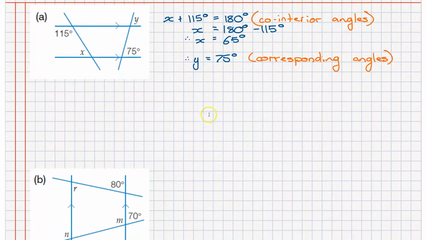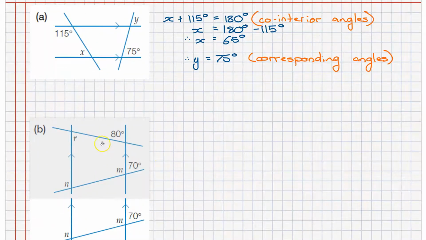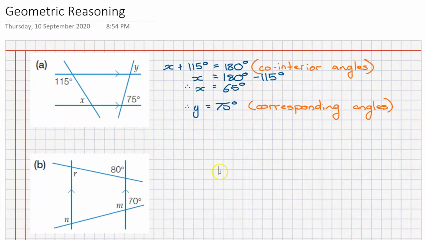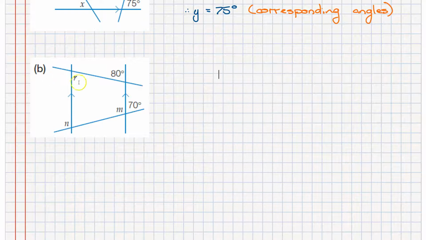Alright, let's go down to B. I should say, let's bring B up. We've got this diagram over here. We've got m, we've got n, and we've got r. Now we ask ourselves which is going to be the easiest of these to deduce. Simply by looking at this, I would assert that m is probably the easiest to do.